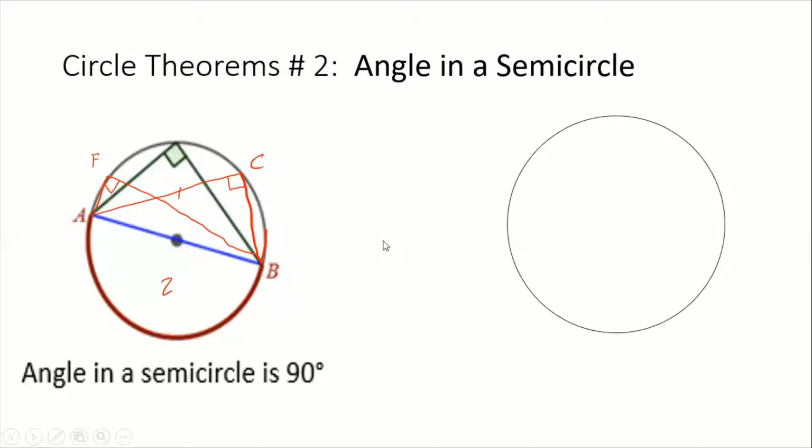Now, let's say we have a circle, right? And the center of our circle here is this point. So we know that that is the center of our circle. And we have a line that passes through the center and touches the circumference like that. So let's put some names on it. So let's say this is A or B, right?